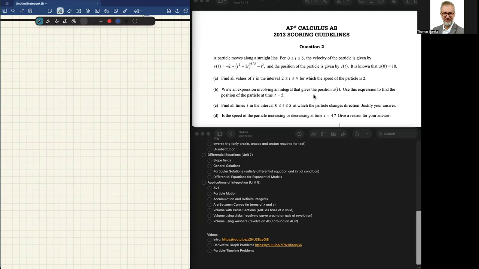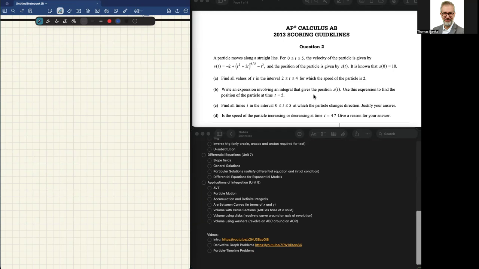Given is v of t usually, and that's a parallel occurrence to being given the first derivative function. Just like in the previous model, the first derivative function is given as a graph.